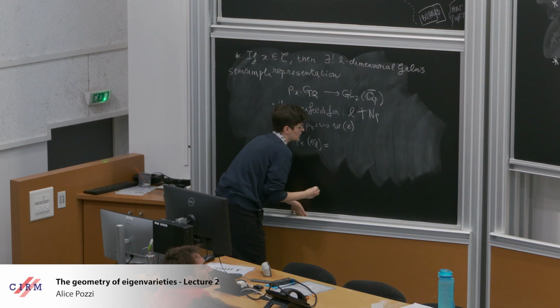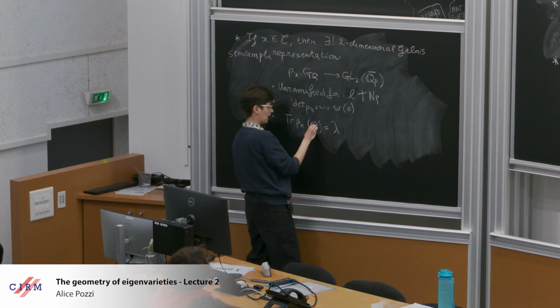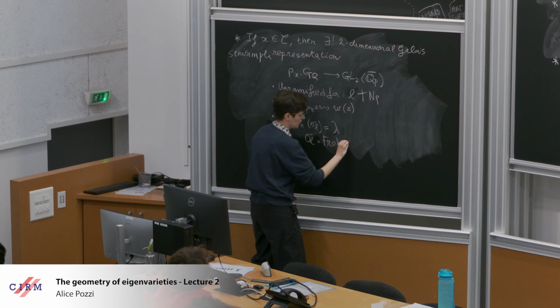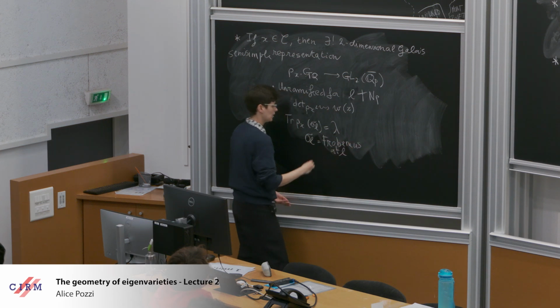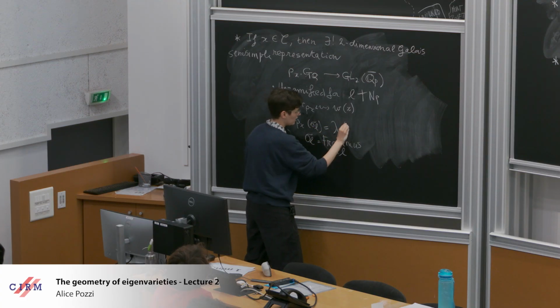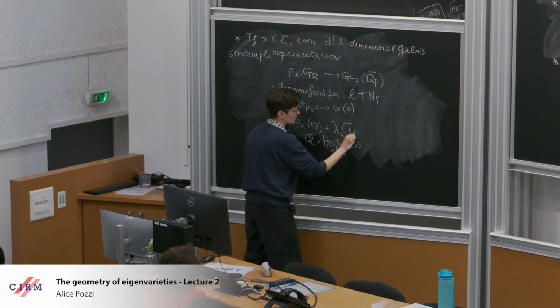When I evaluate at a Frobenius at l, I take the trace and get the system of eigenvalues corresponding to x evaluated at Tl.